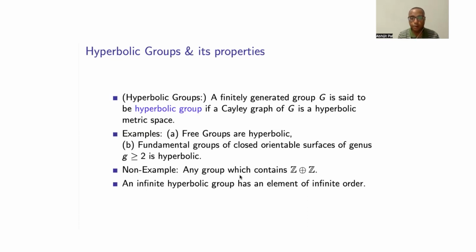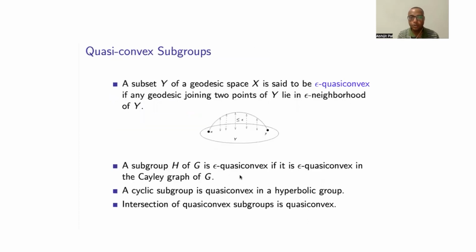We'll learn about properties of these hyperbolic groups. One of these is that if I take an infinite hyperbolic group, you can prove that there exists an element of infinite order. We'll also learn about quasi-convex subgroups of hyperbolic groups.